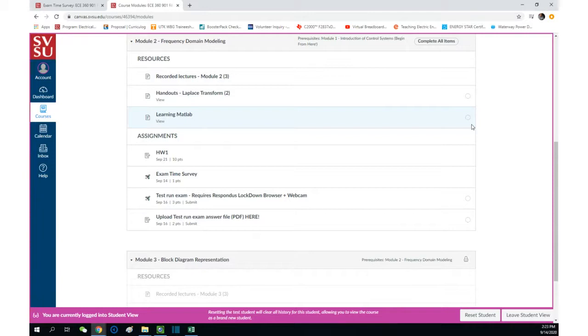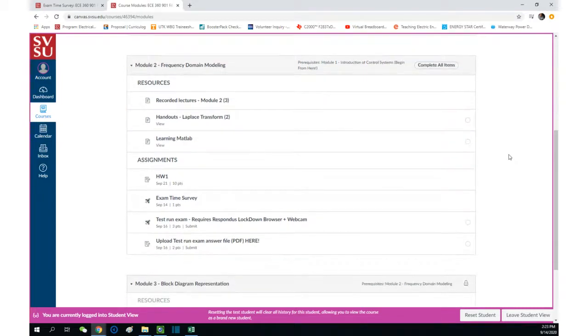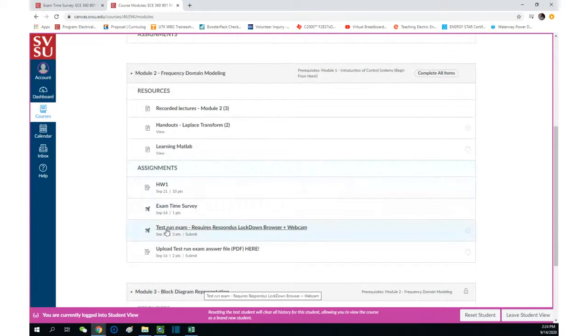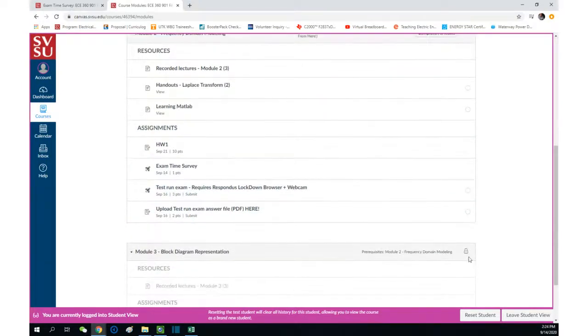And for the feedback, how about the rest of you? You have to follow this requirement. Otherwise, you are not able to unlock the next one. Yes, you see, I didn't do anything here. That's why it's locked. You see this lock? Okay. If you are fully aware of all of these, that's very good. If you haven't, please immediately catch up.